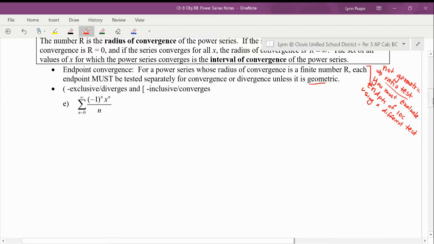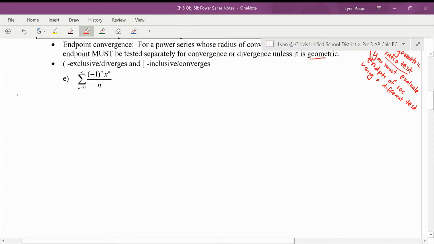Okay, so here we go. We are going to write our steps here. This is general, so I know we've already done geometric, but I'm still going to reference that a little bit. The first thing we need to do is identify if this is geometric or not. It is geometric if n is the only place n appears, in the power.